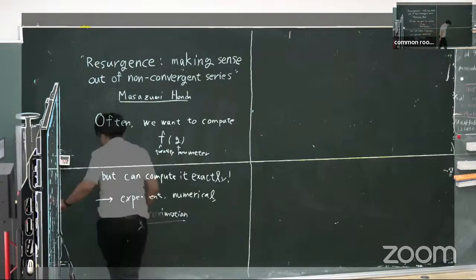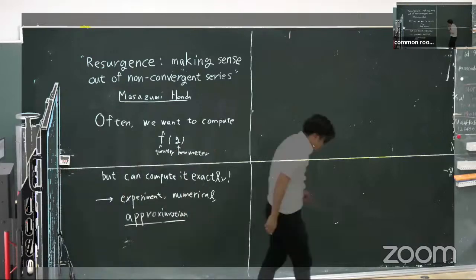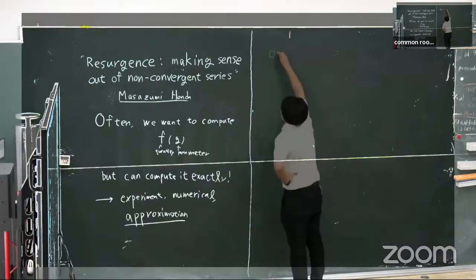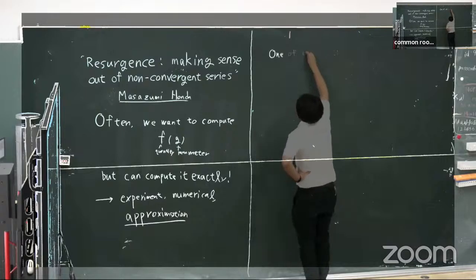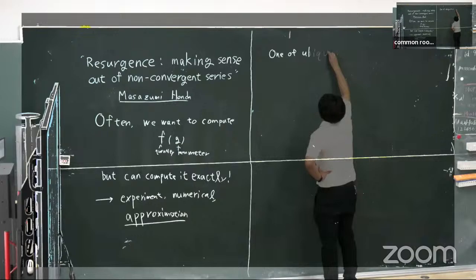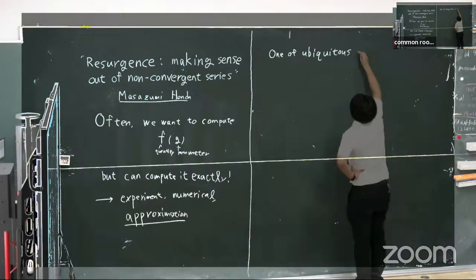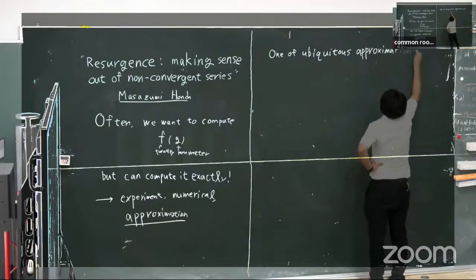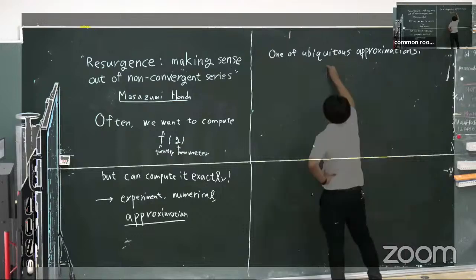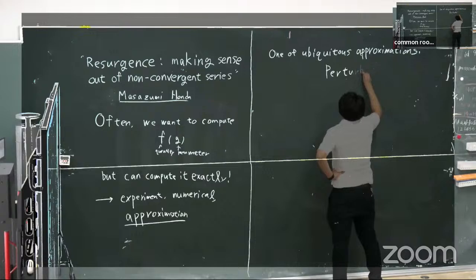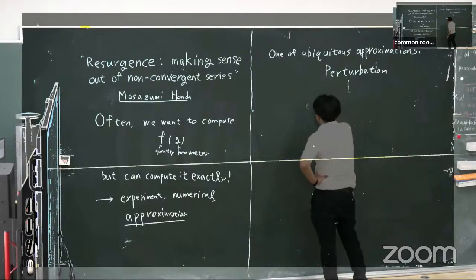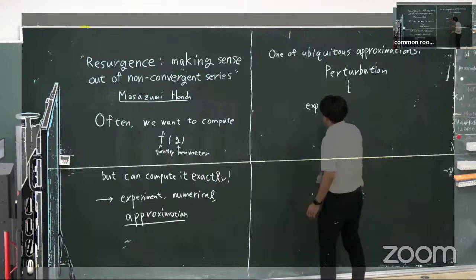When we cannot compute the quantity exactly, one approximation is perturbation theory. The idea is to expand the quantity around some simple case.